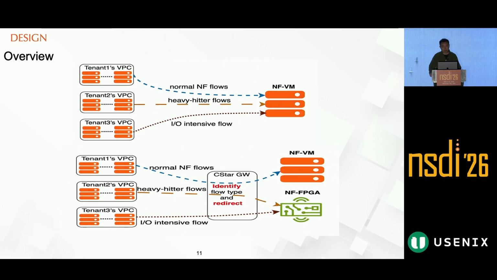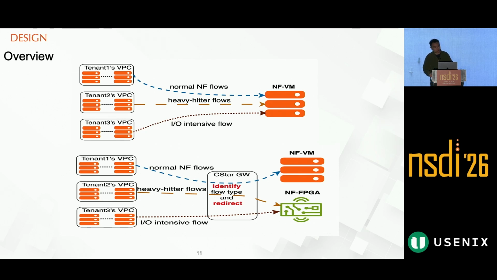Once identified, the CStar Gateway performs destination address replacement, redirecting these flows to a dedicated processing cluster composed of high-performance FPGA chips. We choose FPGA for these two traffic types because a single FPGA card delivers extremely strong processing performance, making it ideal for bandwidth-intensive traffic and elephant flows.